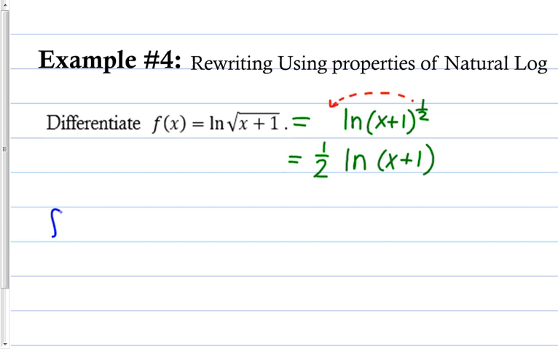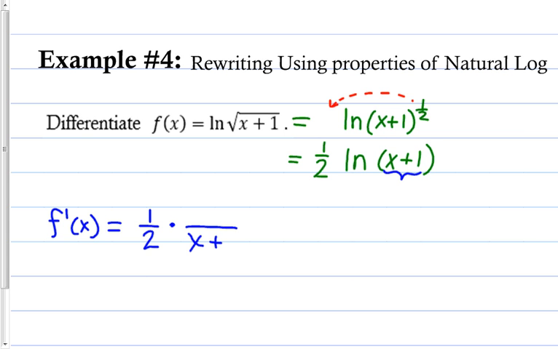So f prime of x is going to equal the 1/2. That's just a multiplier, so I'm going to leave that right there in the front. That's just a scalar. It's a number. It's a coefficient. No big deal. Now, natural log of x plus 1. So the derivative of anything that has a natural log is going to be u prime over u, or rather, this stuff in here as the denominator.